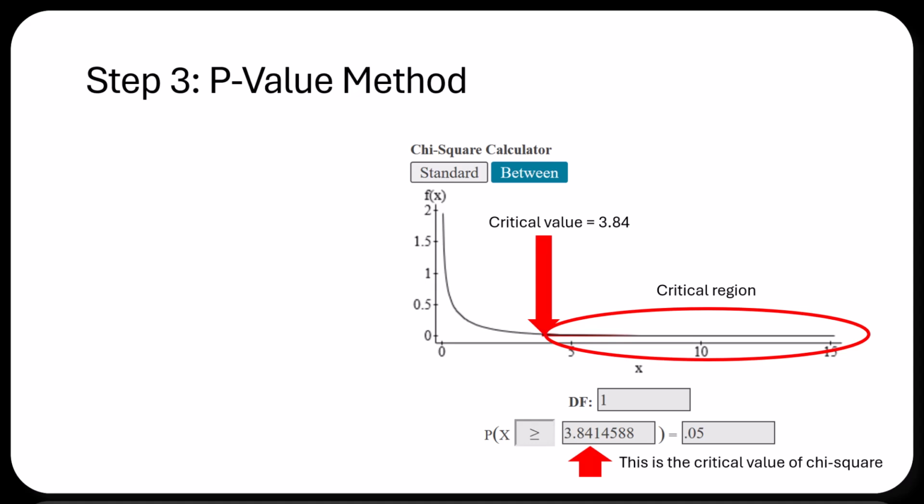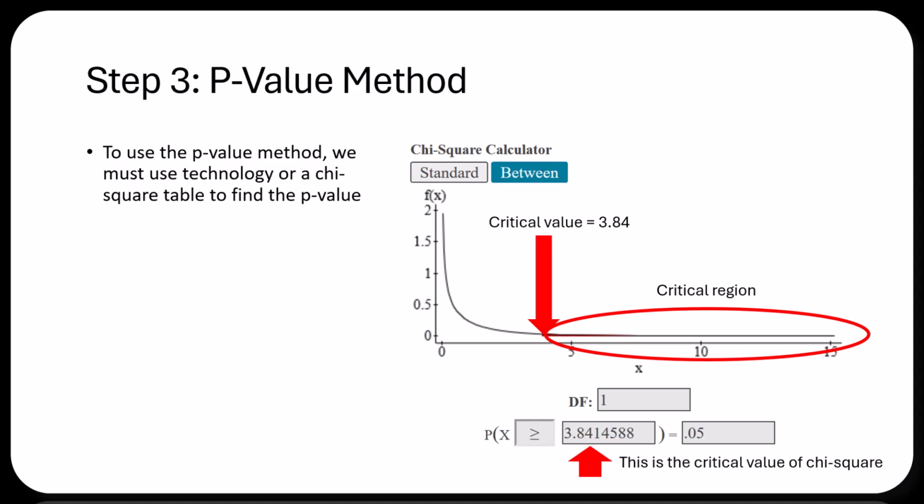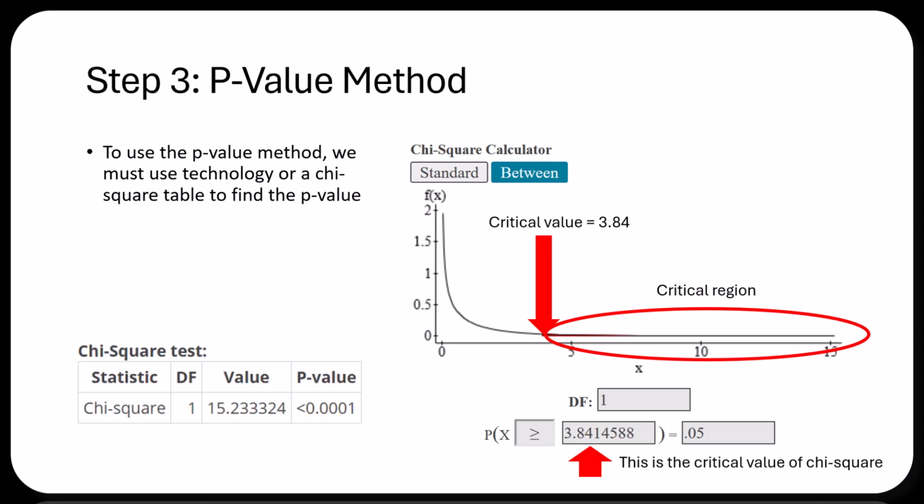Step 3, p-value method. Again, you wouldn't normally use both the critical value method and the p-value method in a single problem, but we're going to since this is an instructional video. So, to use the p-value method, we must use technology or a chi-square table to find the p-value. Doing that, we find that the p-value is less than 0.0001. In other words, it's very, very, very small.